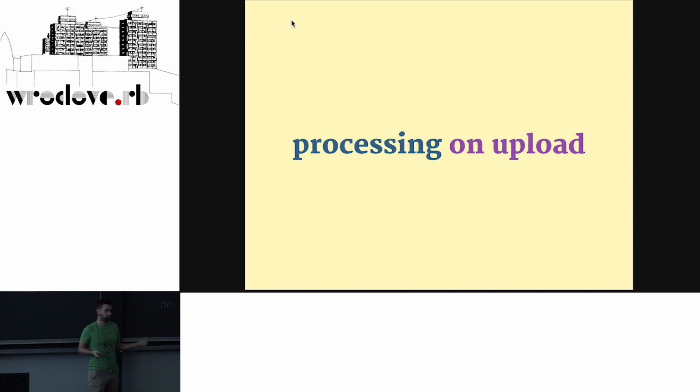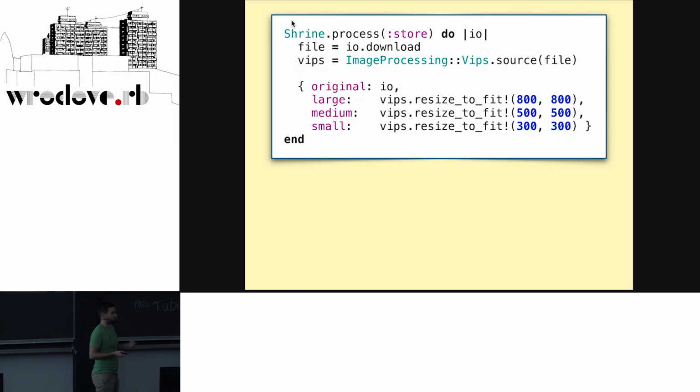An alternative to on-the-fly processing, which is often common for larger files such as videos, which cannot feasibly be processed on the fly, is to process on upload, which in Shrine looks similar to on-the-fly processing. You also define a Ruby block, and the result of the block is a collection of processed files that you want.